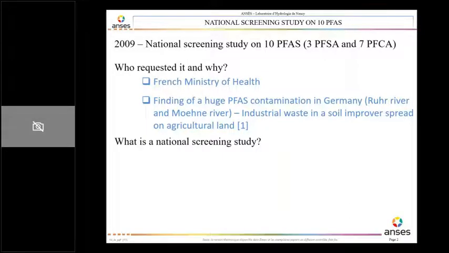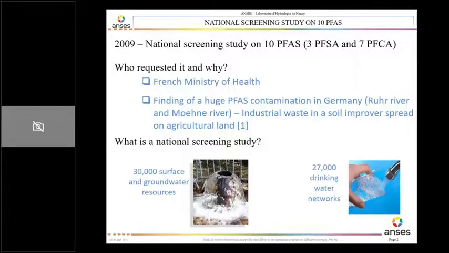What is a national screening study? In France, there are 30,000 surface and groundwater resources and 27,000 drinking water networks. As you might guess, it is not technically possible to sample all of them. So to tackle this problem, we developed a particular sampling strategy.